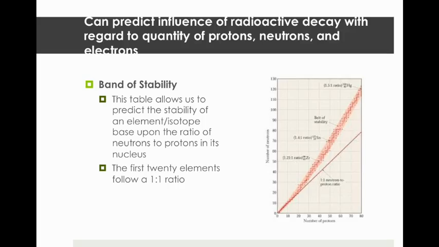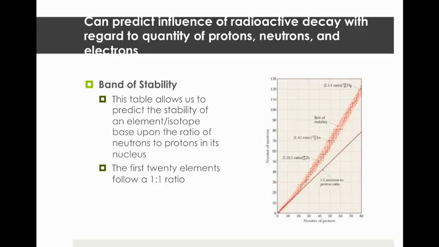Now we can predict the influence or the trends in radioactive decay depending upon the number of protons, neutrons, and electrons that are in an atom. You'll see to the right a picture, and the red rose-colored band is called the band of stability. This is the area where we find isotopes to be generally non-radioactive.